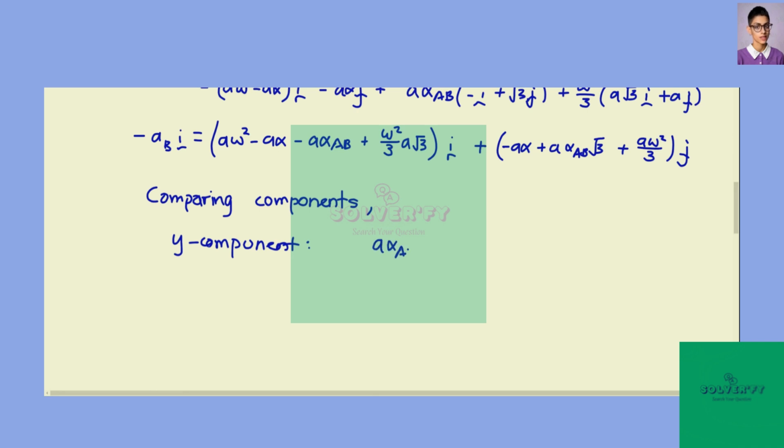A alpha AB root 3 is equal to A alpha minus A omega square over 3. So alpha AB is going to be 0.577 alpha minus 0.193 omega square.